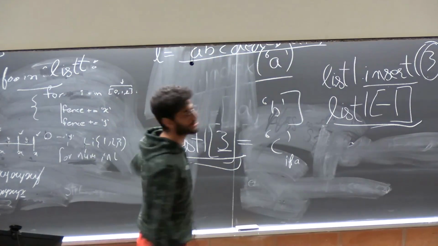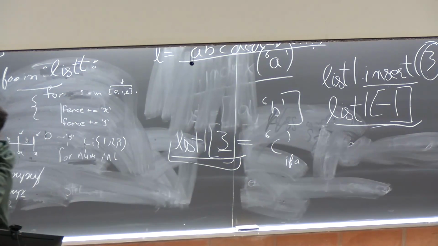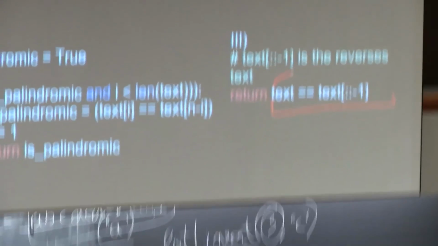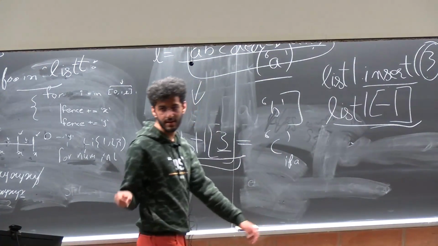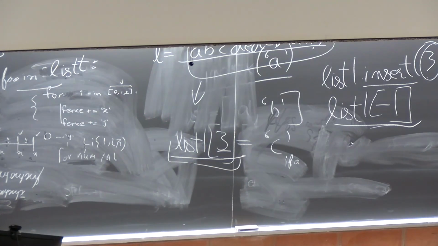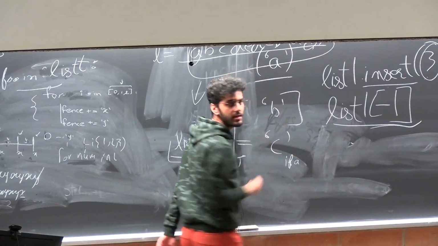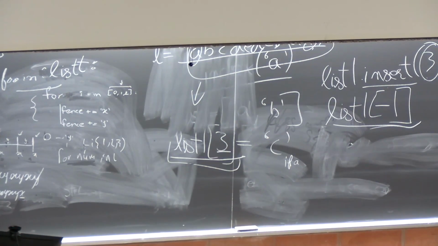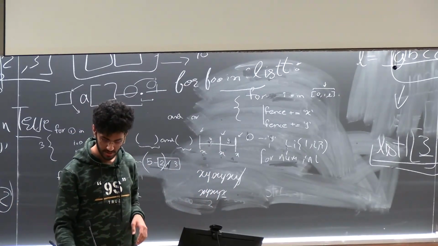It is not a palindrome because there's an M here. What will this last option do? It will first convert the whole list backwards. That's a lot of operations, my friend. What you could have easily done is just compare this and this. If this is false, then you return false. You don't have to convert the whole thing and then compare.